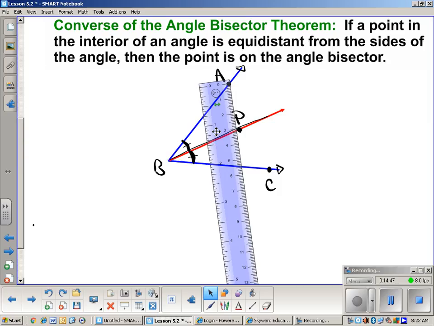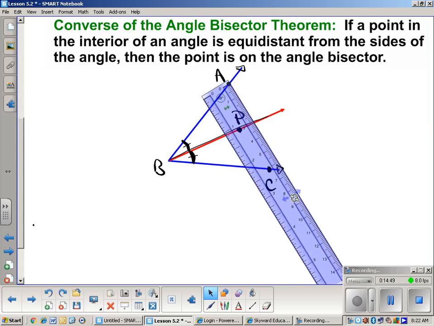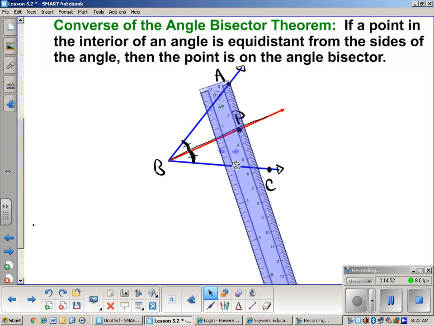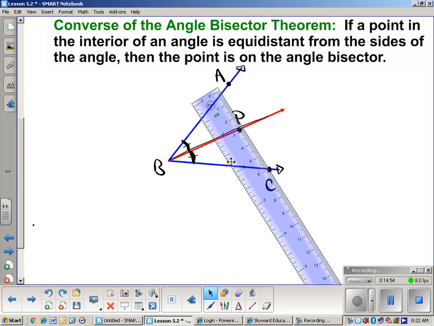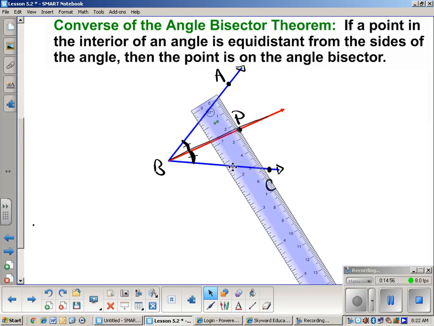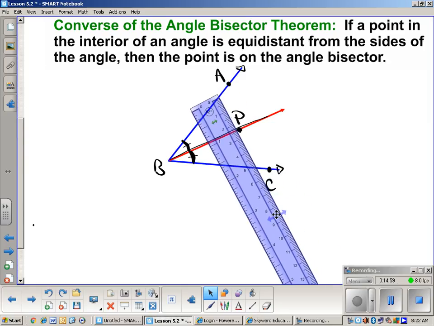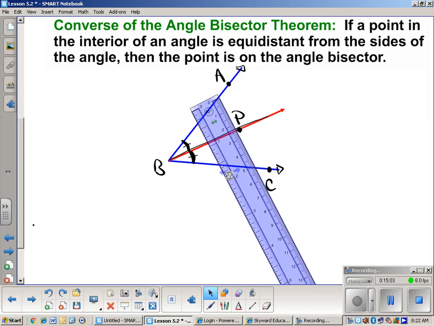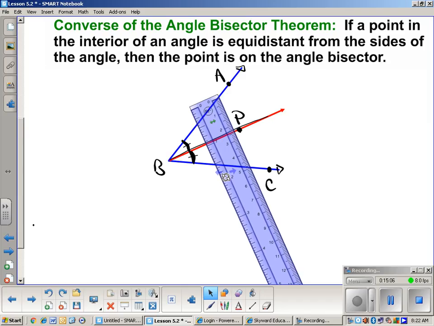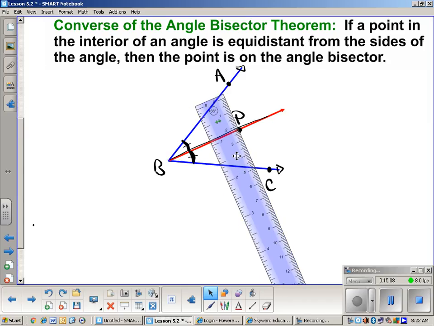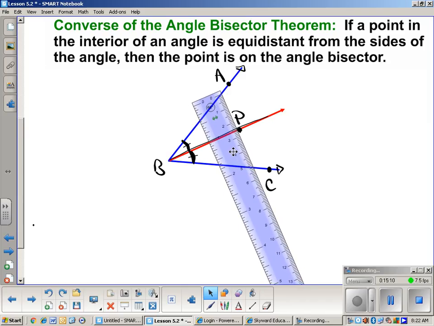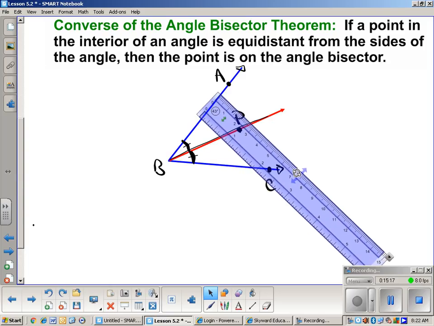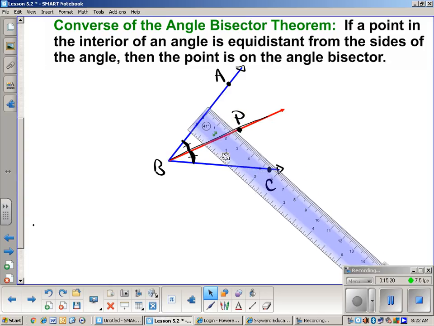And so, remember, it has to be perpendicular. And so when we measure this distance, we want to make sure that it's perpendicular. Oh, Mr. Fauch is saying, what is he doing? What a bonehead.